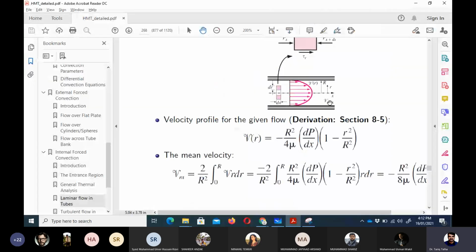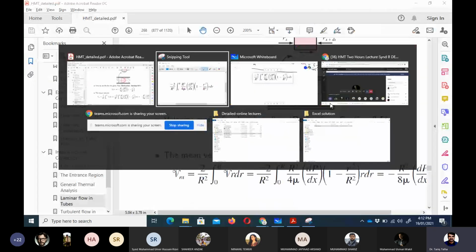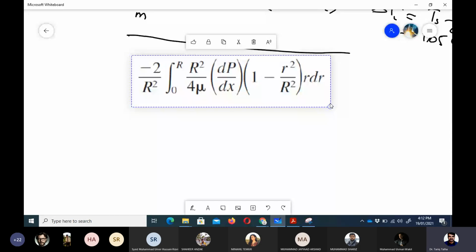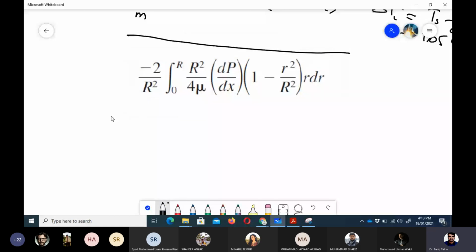Okay. So we have got this. Now if we try to do the simplification here, it would be minus 2 upon r square into r square upon 4 mu into dp by dx.